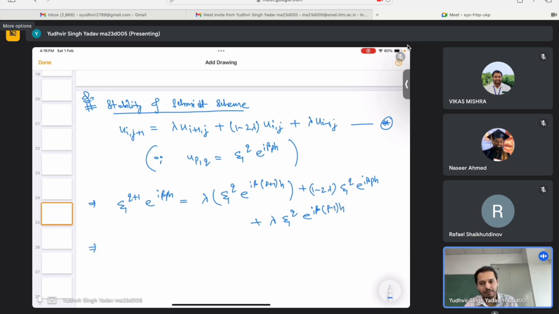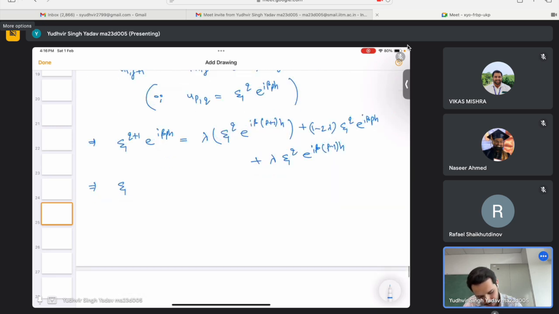From here you can see we can take xi^q and e^(iota beta ph) common from both sides.